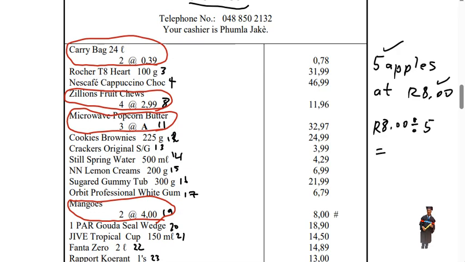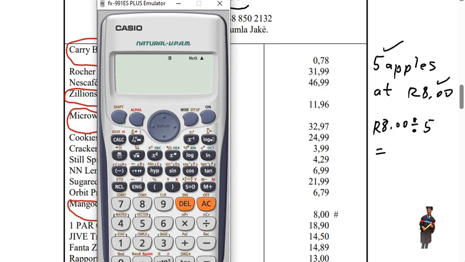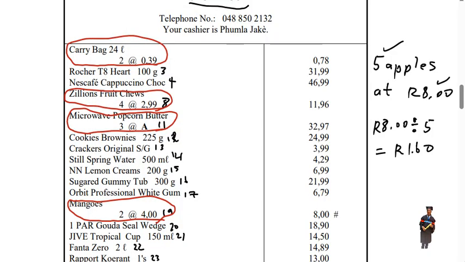When you do that, you are going to get the cost of each item. 8 rand divided by 5 apples, we are getting 1 rand 60. I'm giving you an example. 1.6 is the same as 1 rand 60. Don't be confused, but please get the mathematics here. Every time when they give you a number of items and their total cost, you say the total cost divided by the number of items, you get the cost of each item.